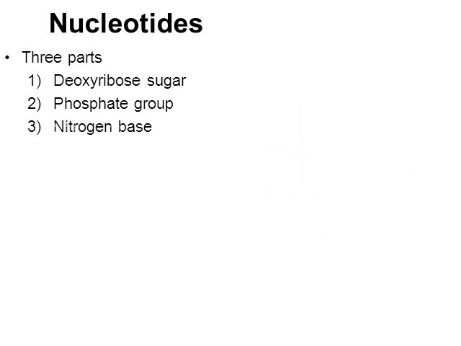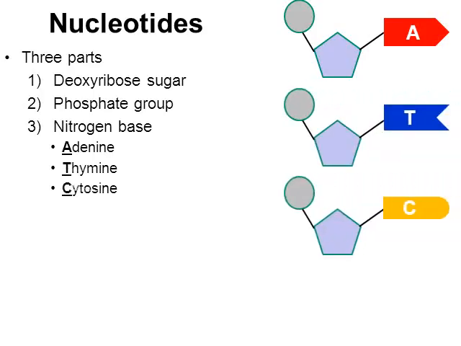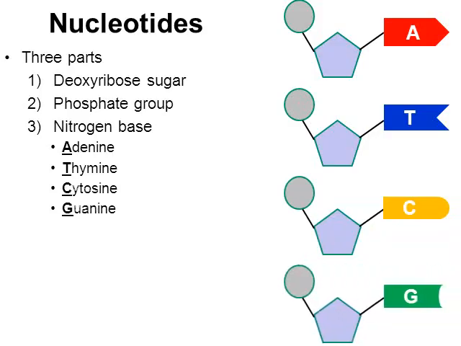What is unique about everybody's DNA on Earth is we all have a unique combination of nitrogen bases. And there are 4 different kinds of nitrogen bases. You might know a nitrogen base labeled A for adenine, T for thymine, C for cytosine, and G for guanine.